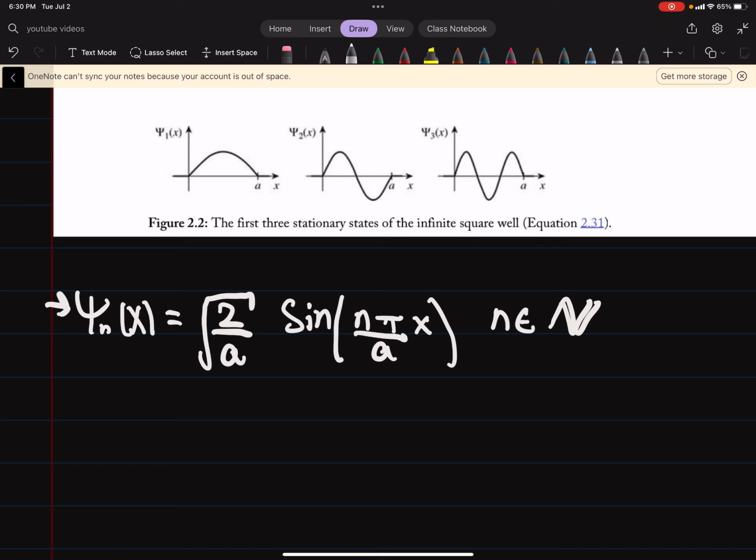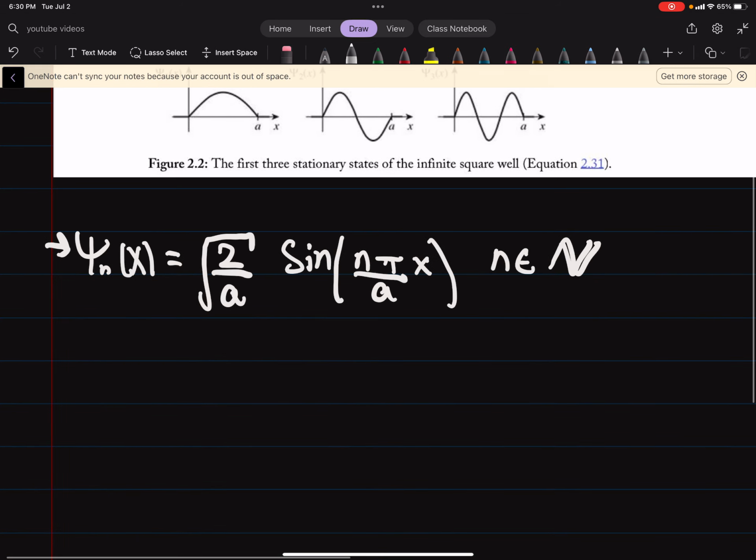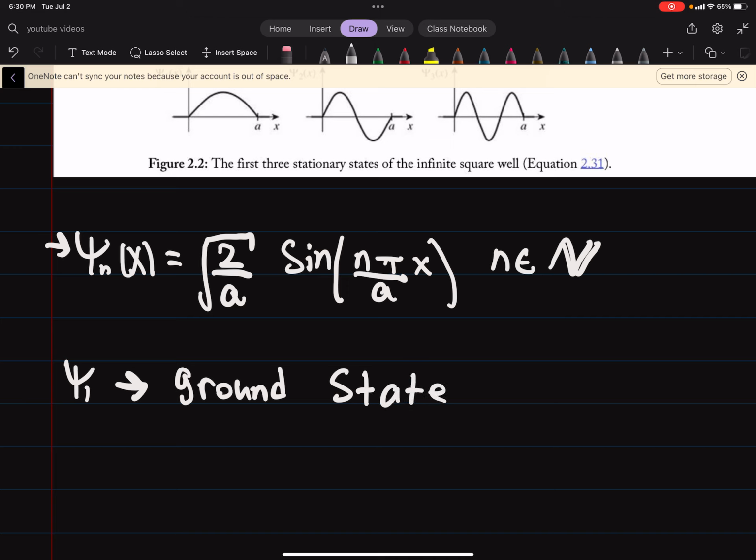Okay? So the first thing is psi sub 1. In other words, when n equals 1, this is called our ground state. Some people will think that this should be your ground state when n equals 0, but you just get the trivial wave function at that point.